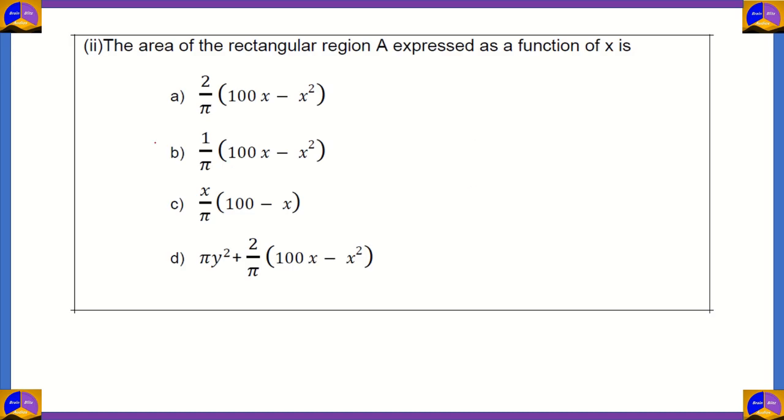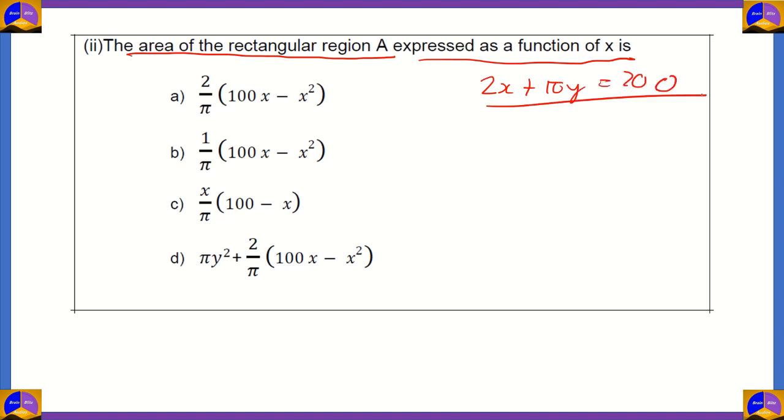In the second part of the question, the area of the rectangular region A expressed as a function of x is. Earlier notice that we have 2x plus pi y equals 200 as our equation. Now we need to convert this with y on one side and terms of x on the other side. So pi y becomes 200 minus 2x, and y equals 1 by pi times 200 minus 2x.